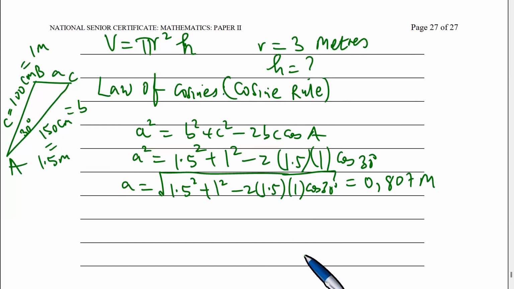So next we want to find the area of triangle ABC.